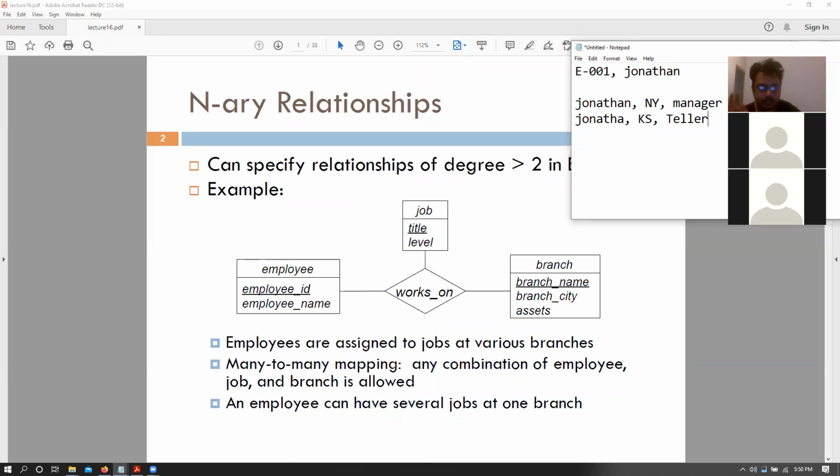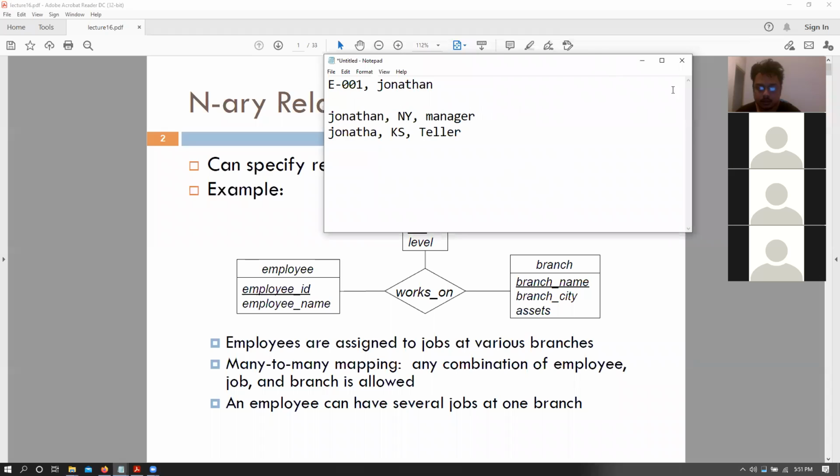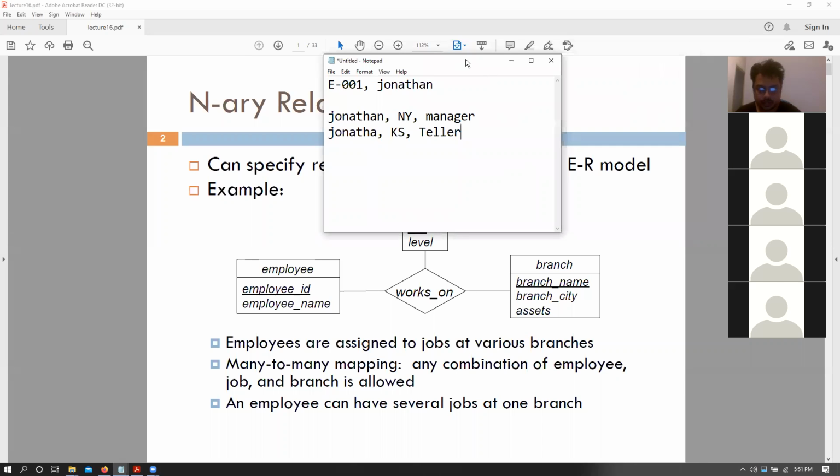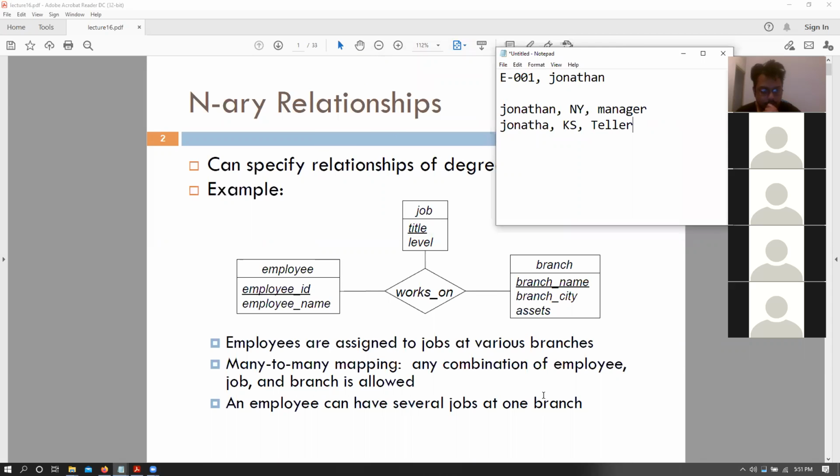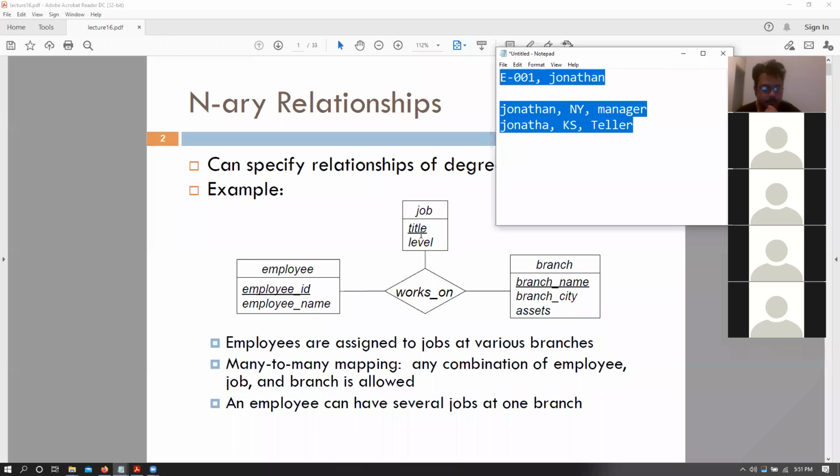Edward, can you see everything here? The notepad and the diagram. Okay, so can these two things, wait, can you guys not see the notepad? Wait, can you see the notepad and the diagram?